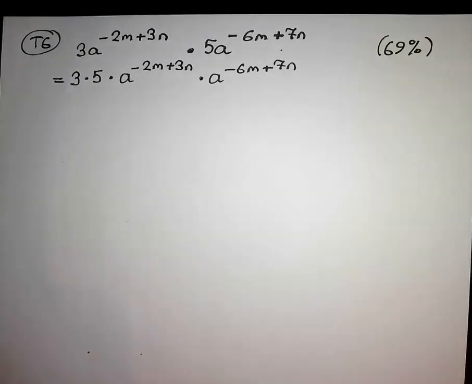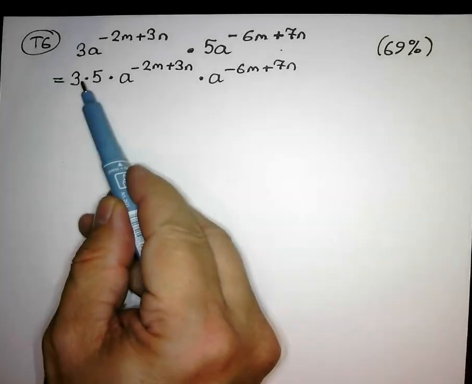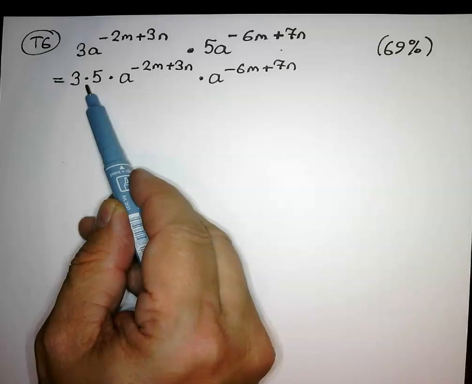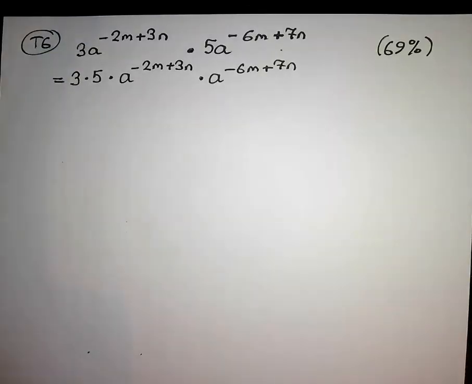But I've noticed that many foreign students, when they calculate, use these multiplication marks in the bottom part of the number. It's the same thing, but I usually put it like this.